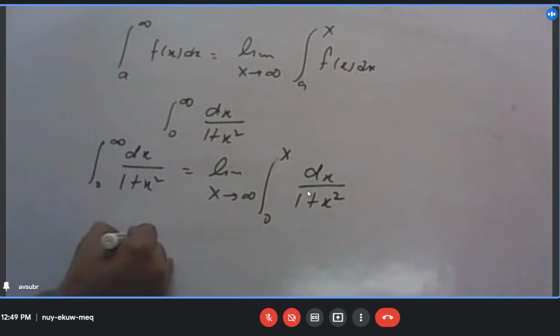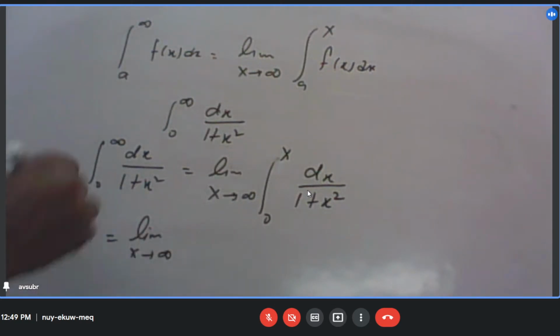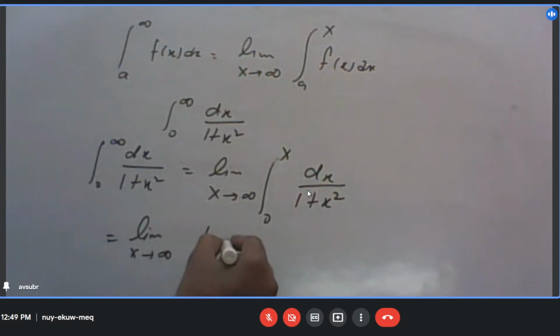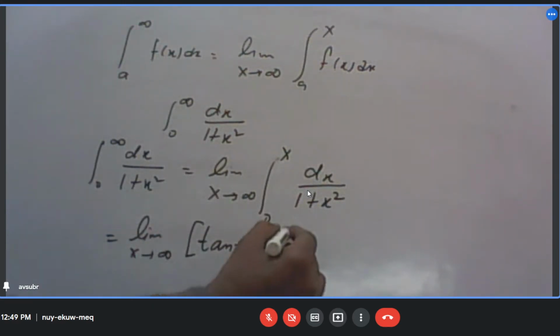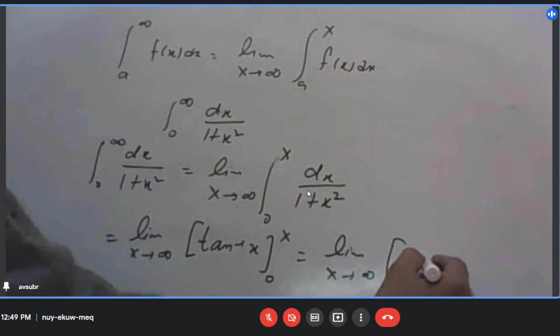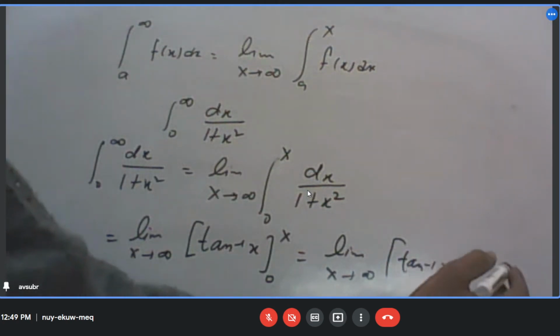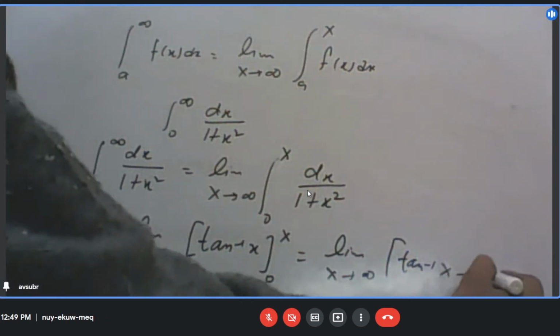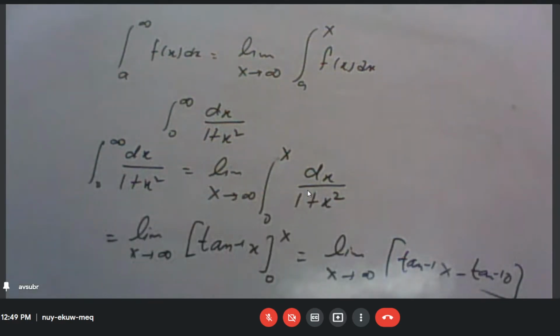That integration will be tan inverse x, with limits 0 to x. So the limit as x tends to infinity of tan inverse x minus tan inverse 0. Right? Yes, sir.